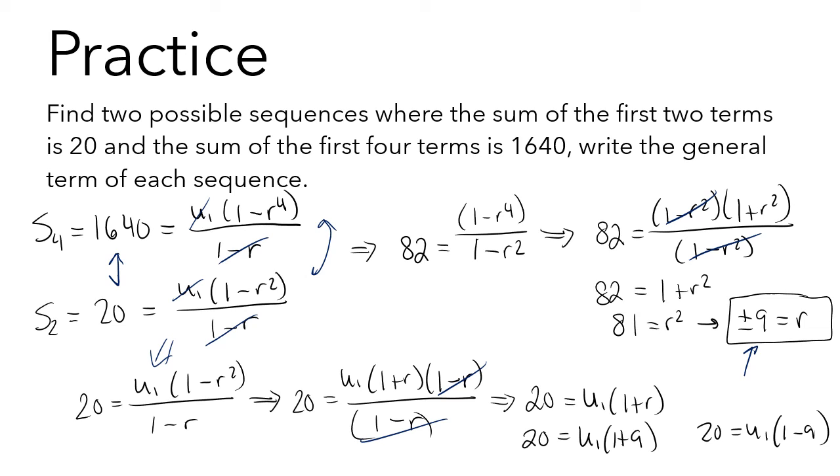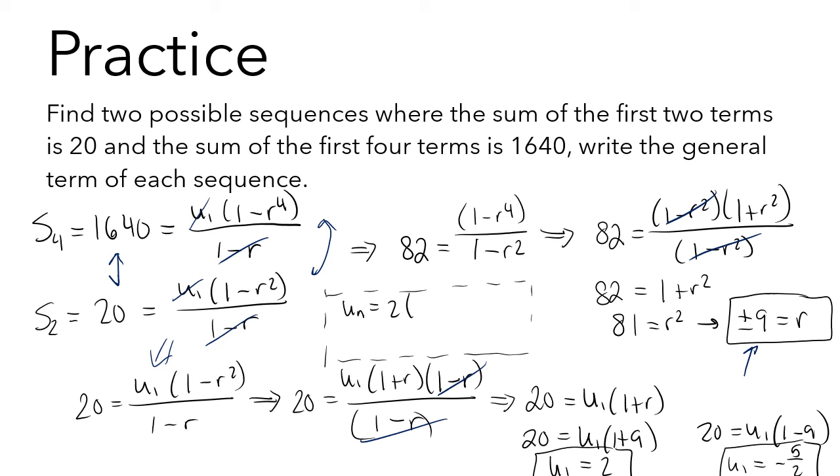So this first one is going to give us u1 equals 2, and the second one is going to give us u1 equals negative 5 over 2. So with both of those, we can construct our general terms. Un equals 2 times 9 to the n minus 1, and the second one, un equals negative 5 over 2 times negative 9 to the n minus 1.